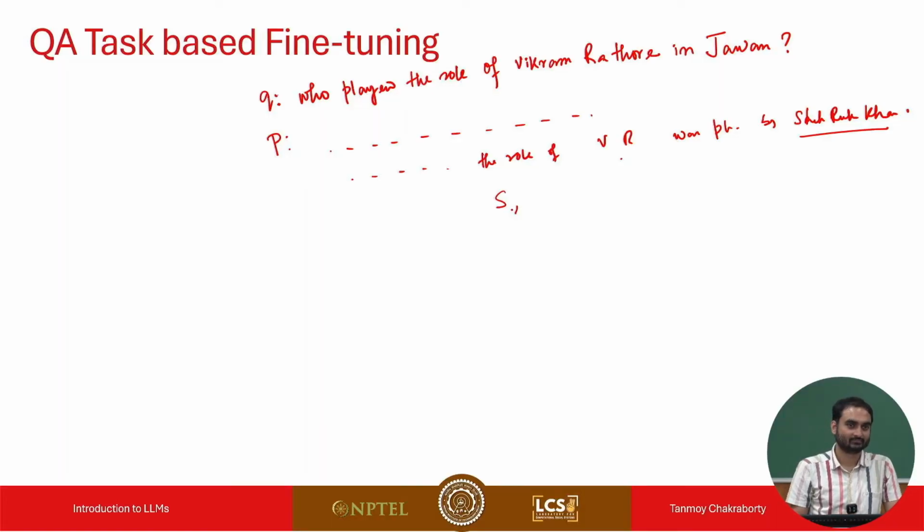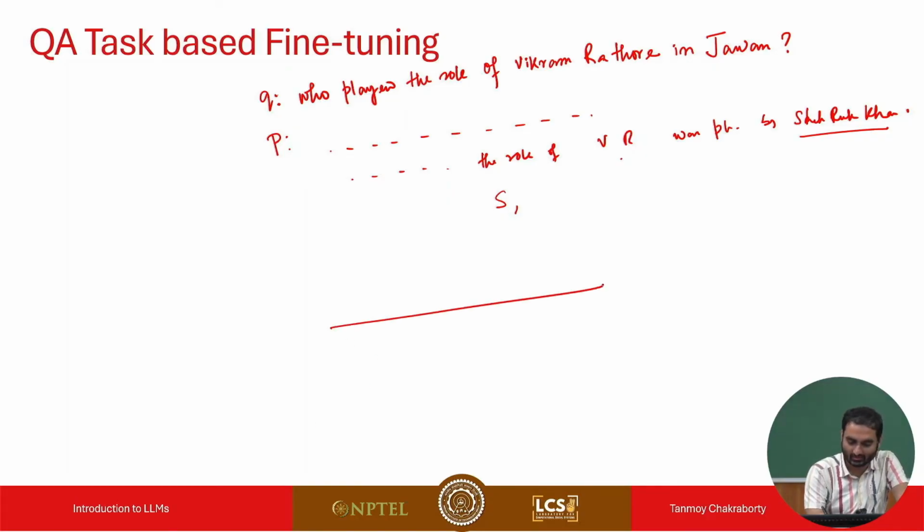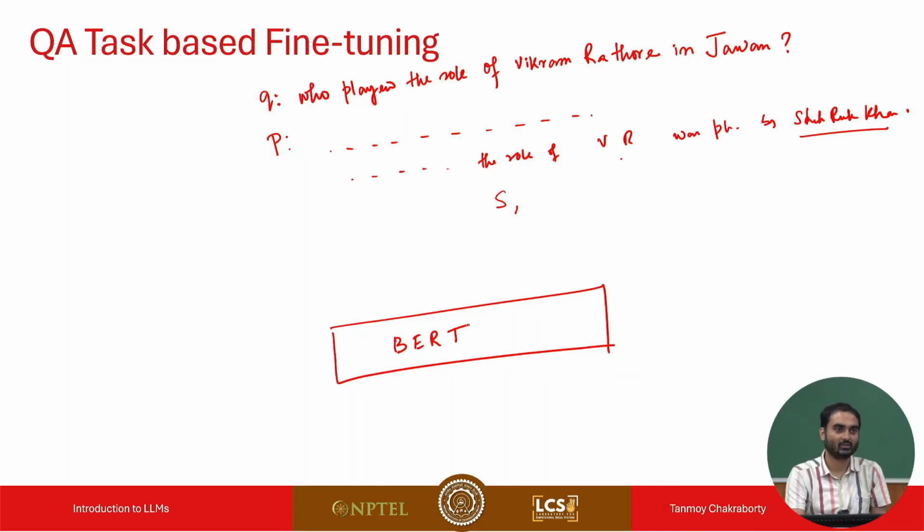What do you think? The BERT model is already pre-trained using masked language modeling. When you fine tune the model for this task, you have training data where the question and the corresponding passage are the input and the output is the specific token. So this is BERT, and you adapt it to a specific task.